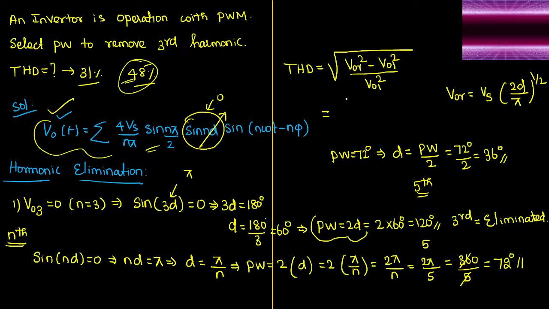This THD can also be further written as, shall I write like this? Let me write it on the next page. This THD is further written as V0R square minus V01 square, and I am breaking the denominator like this, V01 square, with all these terms lying under root.